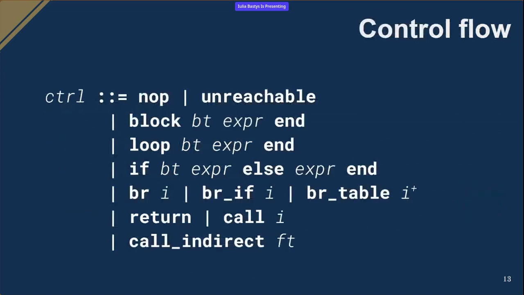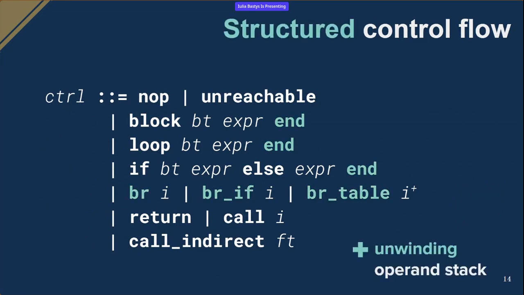We have certain control statements, and the structured control flow we get through the use of end instructions. We have block constructs, and we have these end statements, and we have 3 different branching instructions.